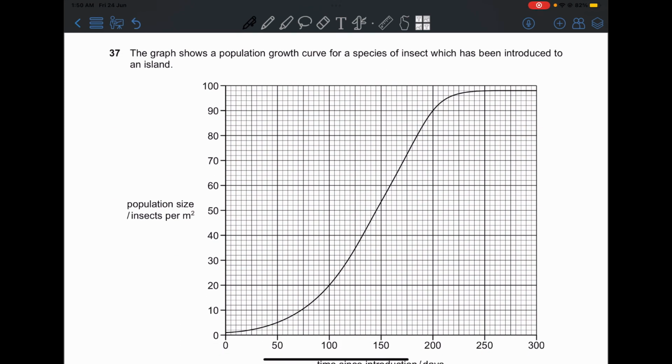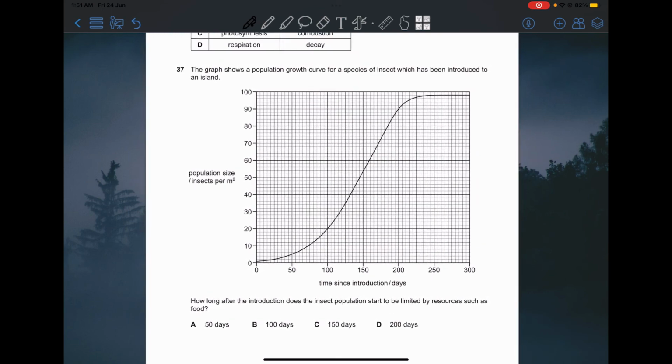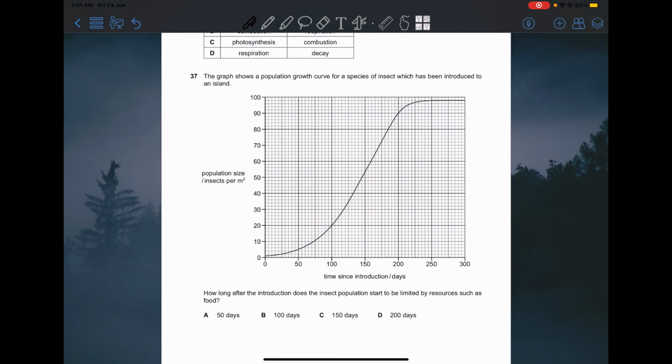37. The graph shows a population growth curve for a species of insect which has been introduced to an island. How long after the introduction does the insect population start to be limited by resources such as food? Now over here it's going to be starting from the point where the stationary phase has started, which is around 200 days.